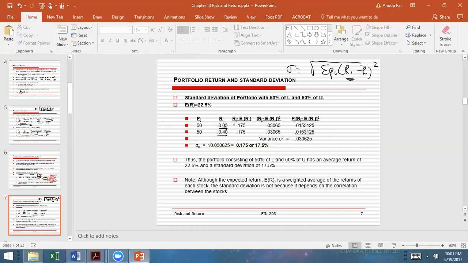5% minus 22.5 is going to be actually negative 0.75. Keep missing out these negative numbers. When I square them, I get 0.3065. This one is 40% minus 22.5, still 17.5, but positive.